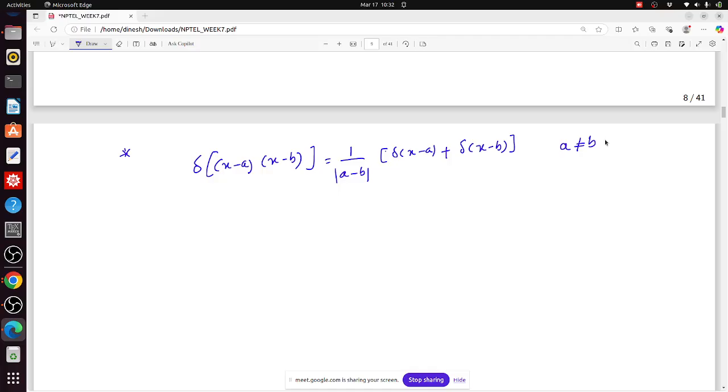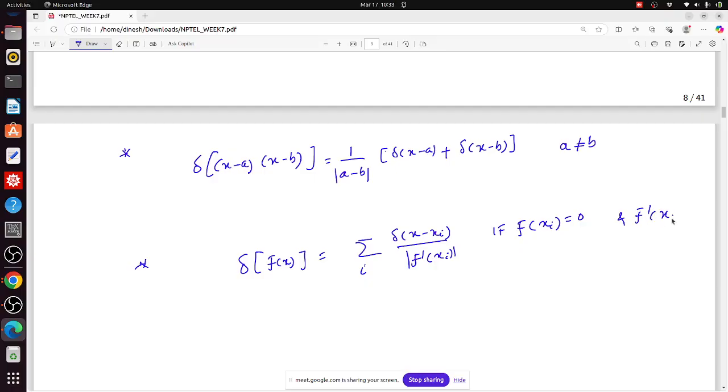So if we extend this logic in a more general way, we get another property: delta(f(x)) is equal to the summation over i of delta(x minus xi) divided by mod f prime(xi), where f(xi) is 0 and f prime at xi is not equal to 0.